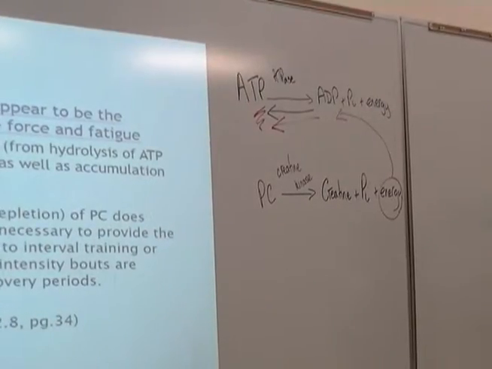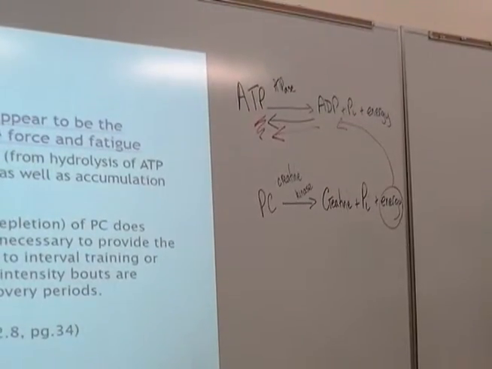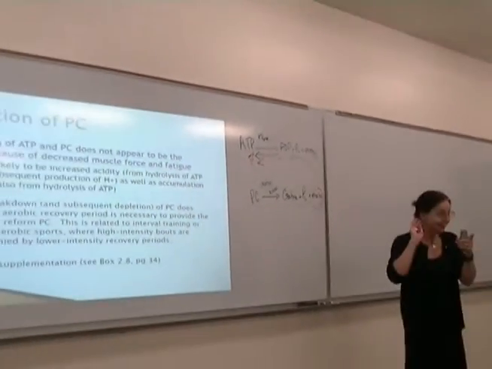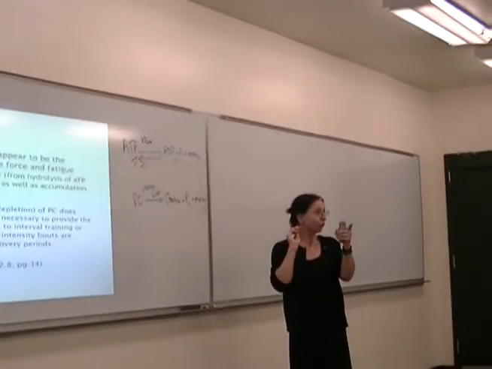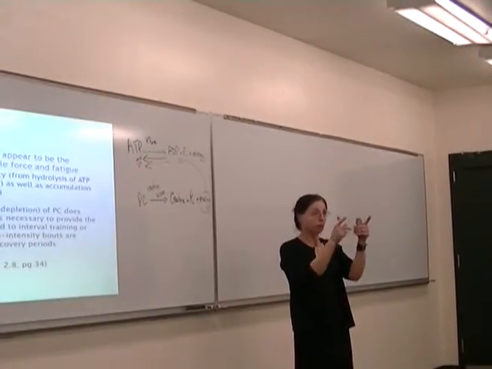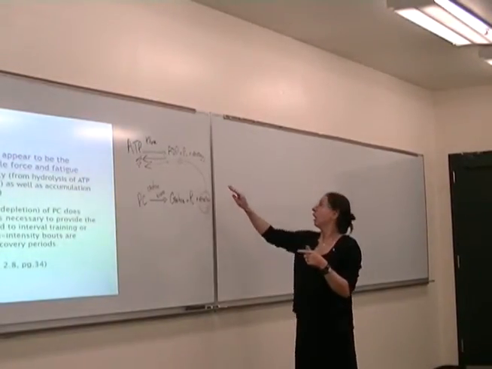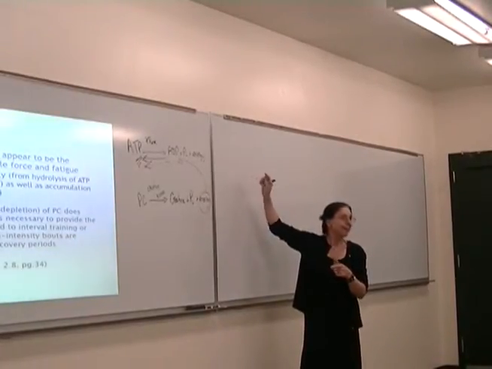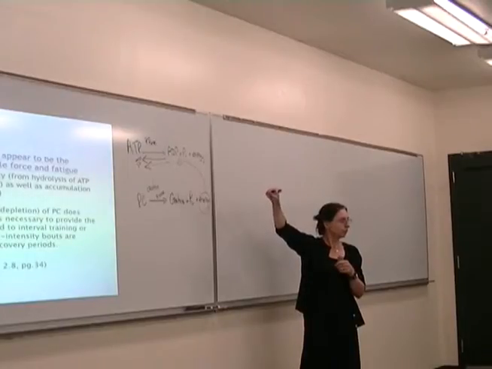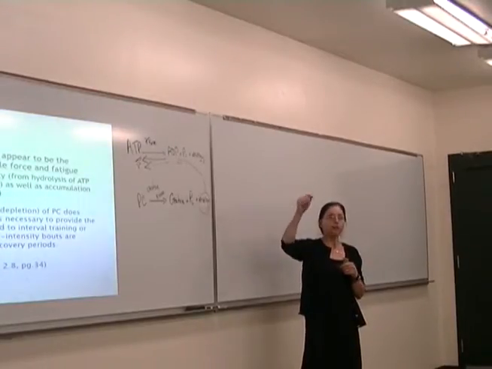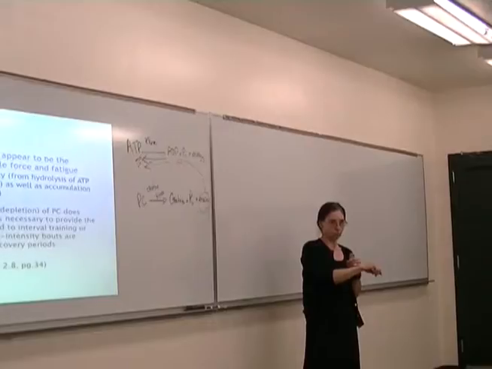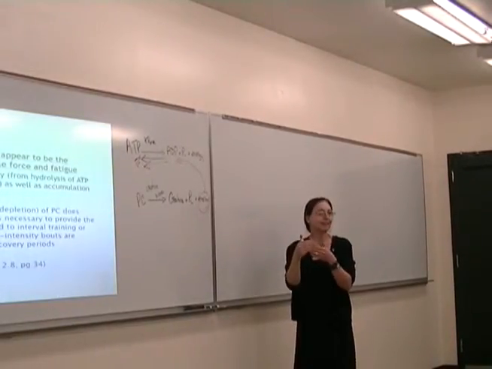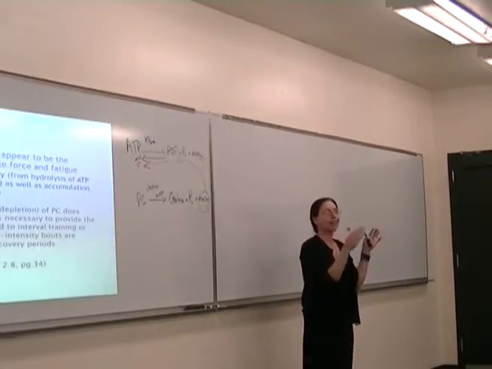What did I say a few minutes ago? What doesn't like acidity? Close. Enzymes. Good. Right? So, if I suddenly create a whole ton of acid, the enzymes slow down. And if the enzymes slow down, ATP production slows down. Therefore, force is lower. Therefore, I slow down.